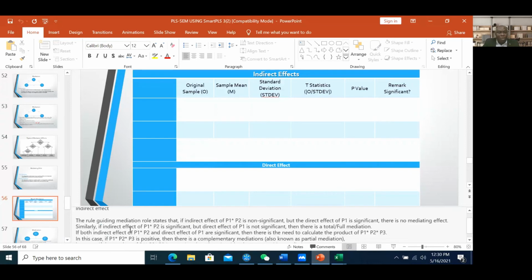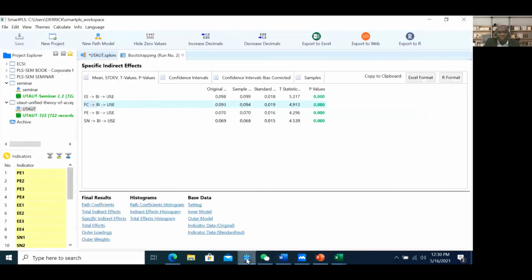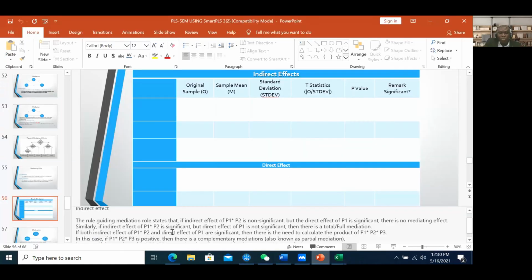Number two, if the indirect effect is significant, but the direct effect is not significant, then we have what we call a full or total mediation.